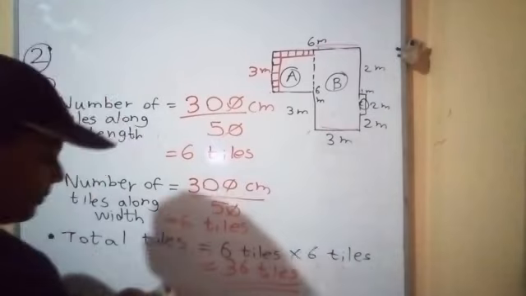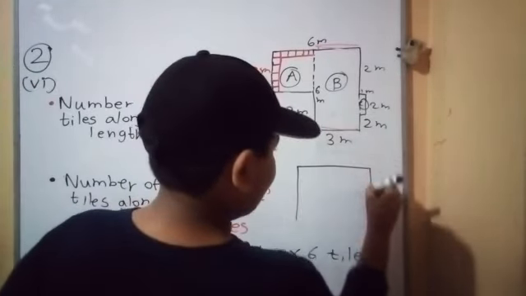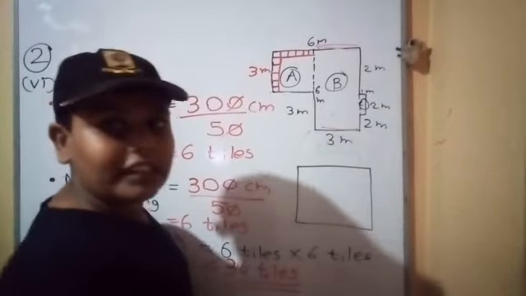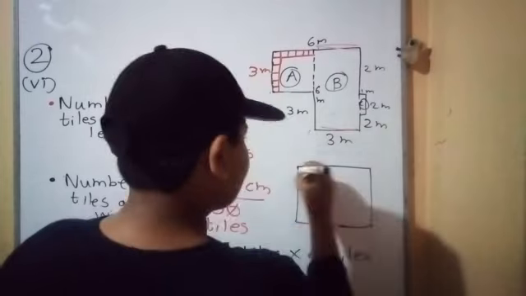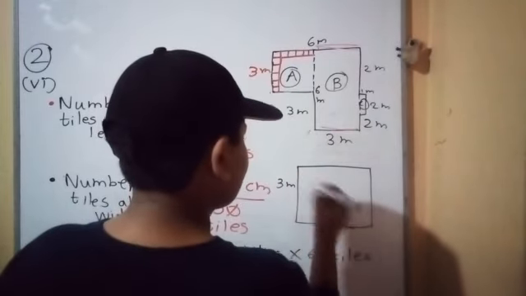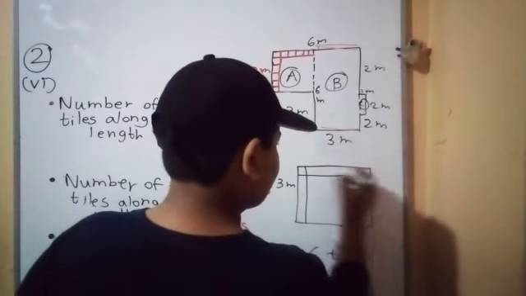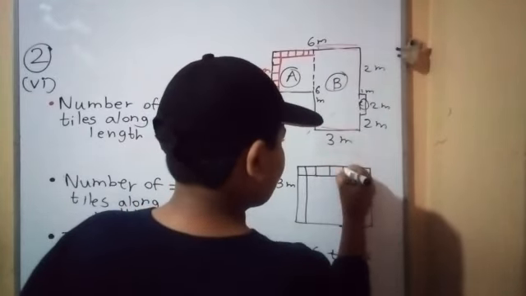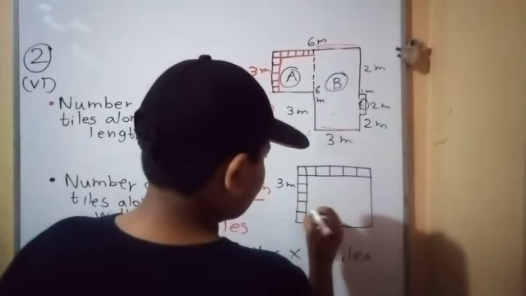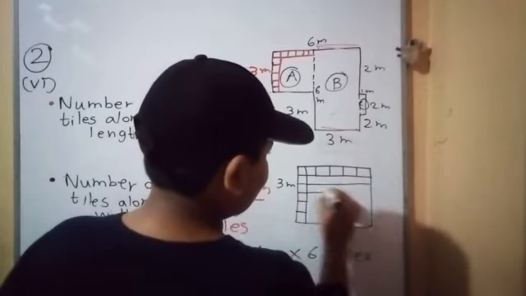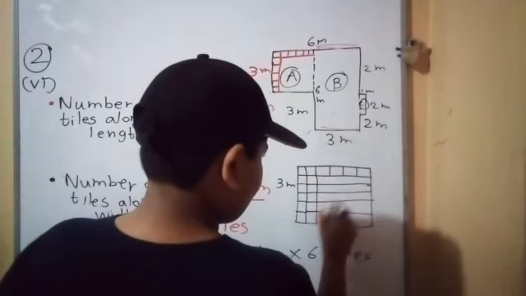So if you get that, now you can draw this inner side also. Right, now this is a square. You can draw this inner side if you write this in the sheet of paper. So this is 3 meters. So you know this going 6 and this going also 6. 2, 3, 4, 5, 6. 2, 3, 4, 5, 6.